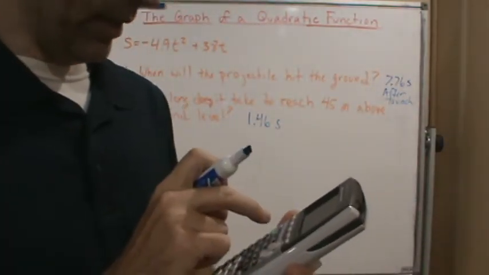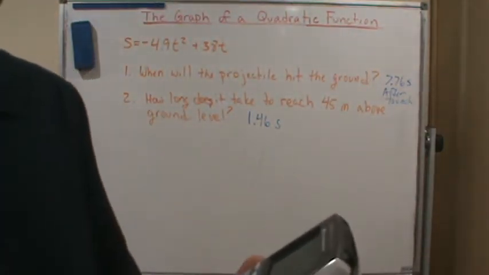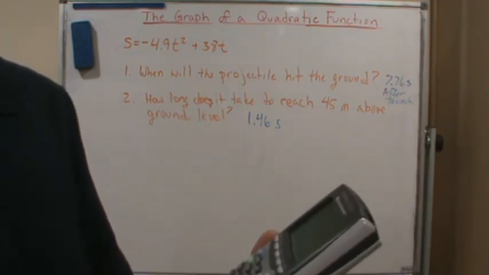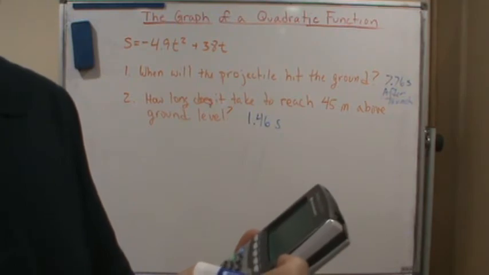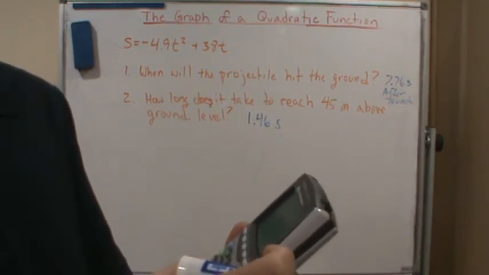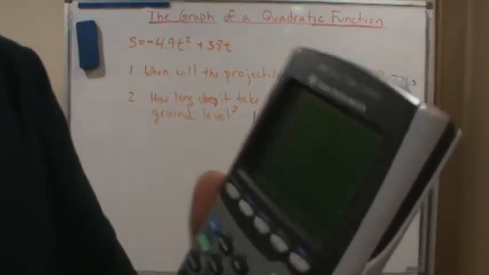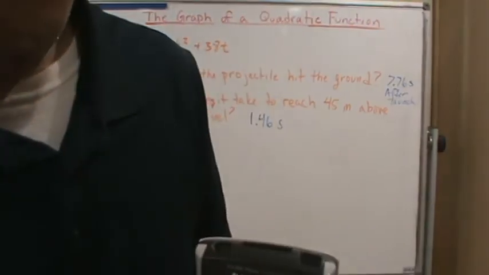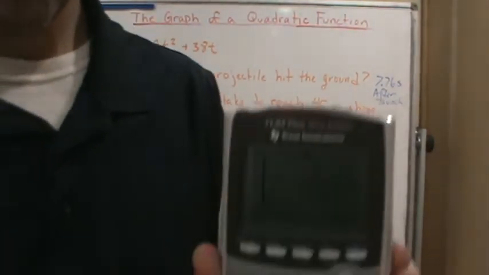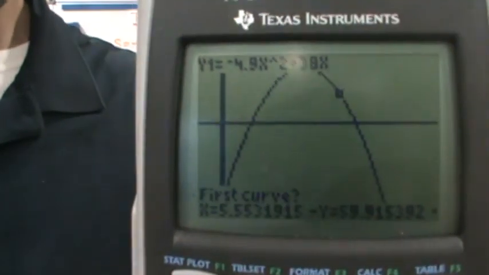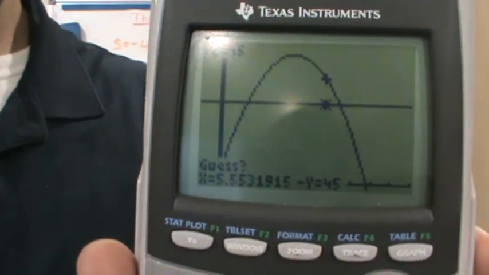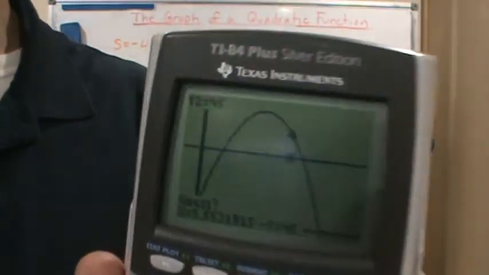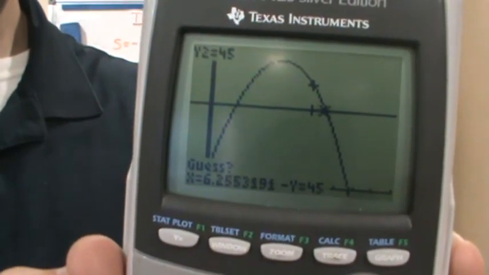So let's do it again. We're going to do second, trace. We're going to choose intersect. And now I'm going to go over to here. So here's my first curve. So I'm on the first curve, and now the second curve, and now I'm going to go over to my guess, right about there.